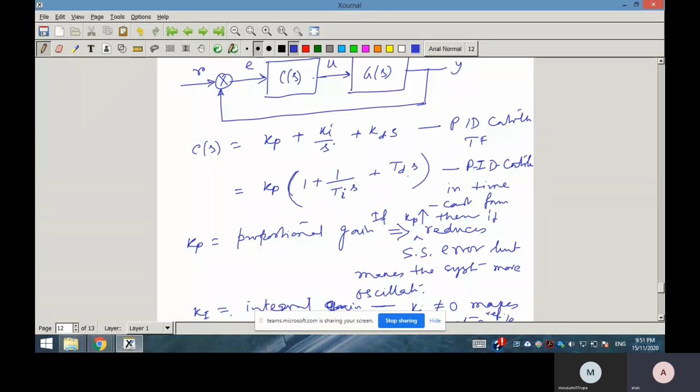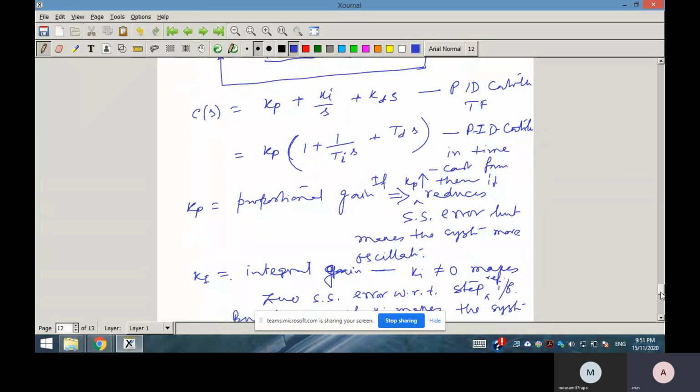If Kd equal to 0, the zero location of the controller is Ki by Kp. So if you increase Ki, what are you doing?